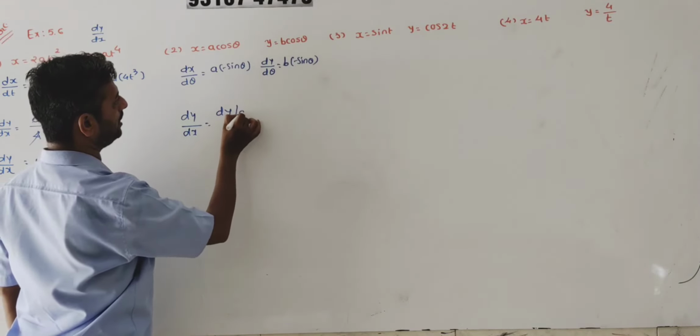So cos theta minus 2 cos 2 theta upon minus sin theta plus 2 sin 2 theta. Here also we can finish.